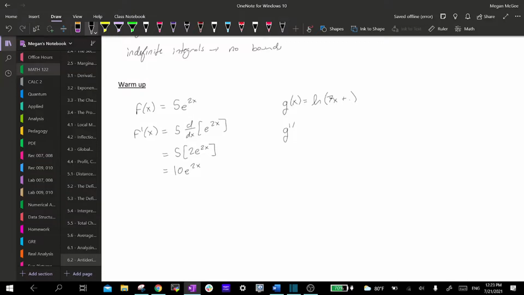So g prime of x, it's going to be 1 over 7x plus 1. But we need to use our chain rule. If we remember that, that says we need the derivative of the inside function. So we took our derivative of the outside function, that was here, and now we need to multiply it by the derivative of the inside function.